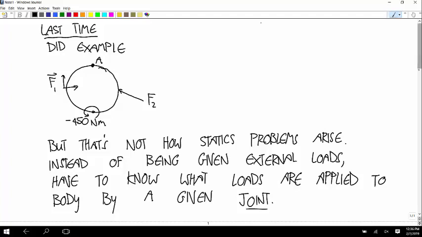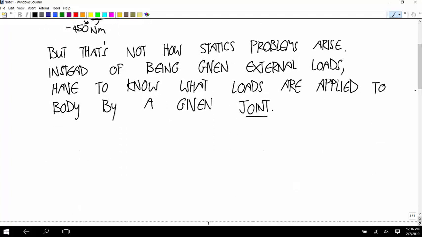Okay. And we're first going to do this in 2 dimensions, and then in a little while we'll go to 3 dimensions. So first, joints, and we're going to start in 2D.